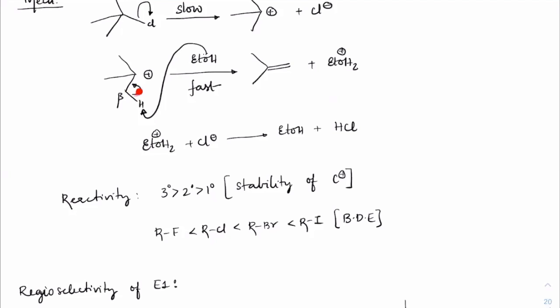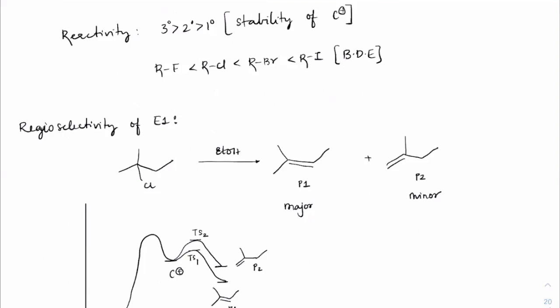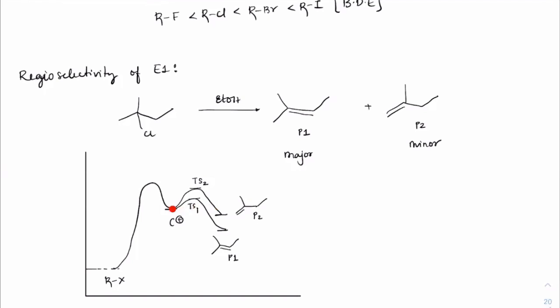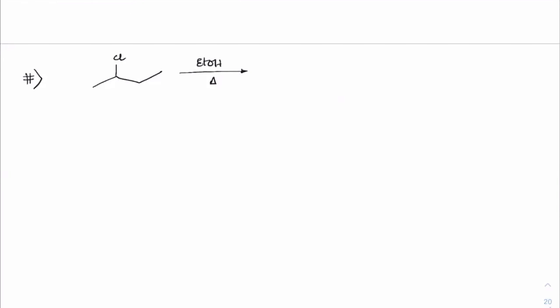So momentarily energy will increase before it becomes an alkene. A transition state will always be between one step. Between these two, there are two. Between these two, there is one. Alright. So this transition state describes more about the slow step, because you can see the activation energy required here is huge.